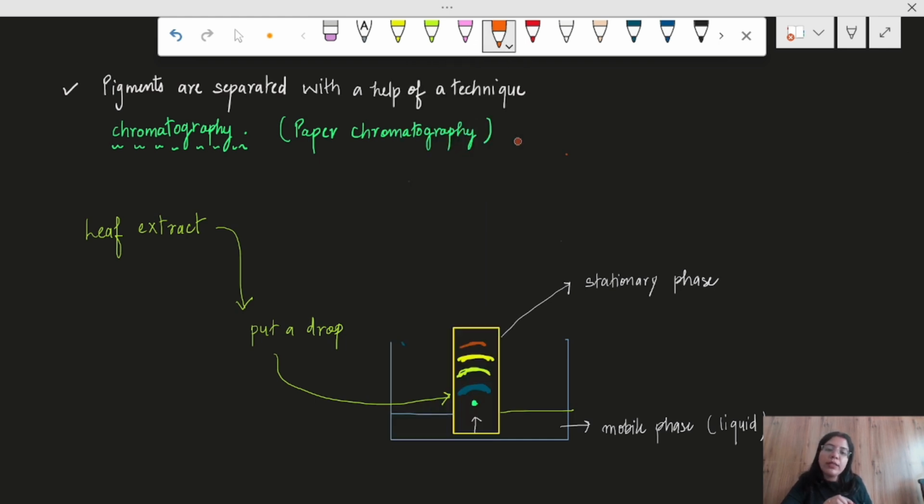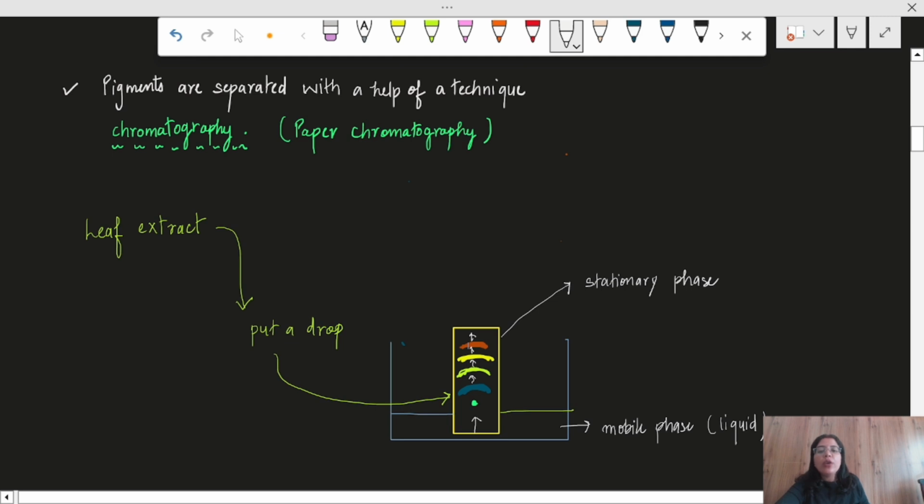So you have got these different bands here, right? How did you get them? As the mobile phase was moving, all the components of that leaf extract got separated, right? So different color bands were observed here, which were actually different pigments.